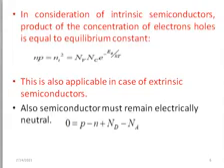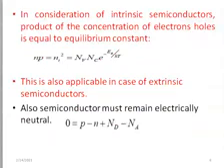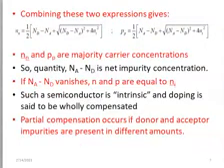Acceptor impurities, which is group 3. And if you combine these two expressions, the first one here and the second one here, you are going to come up with these expressions for the concentration of electrons and for the concentration of holes, depending on whether we introduce an N-type or a p-type dopant.